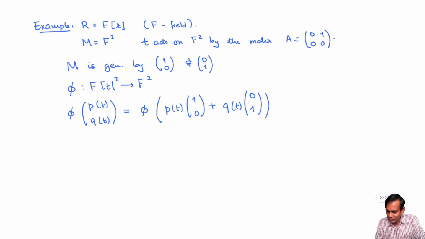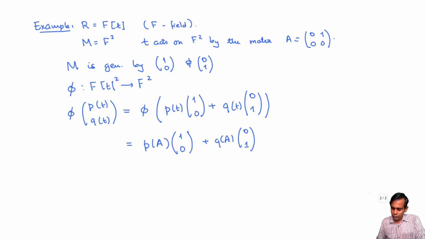So these are vectors in F[T] squared, and we'll take it to p(A) times (1, 0) plus q(A) times (0, 1).